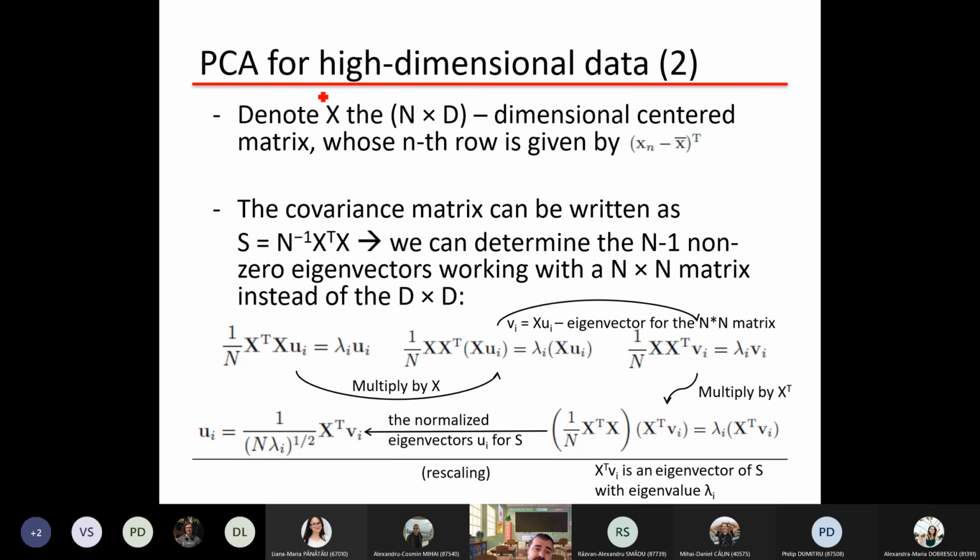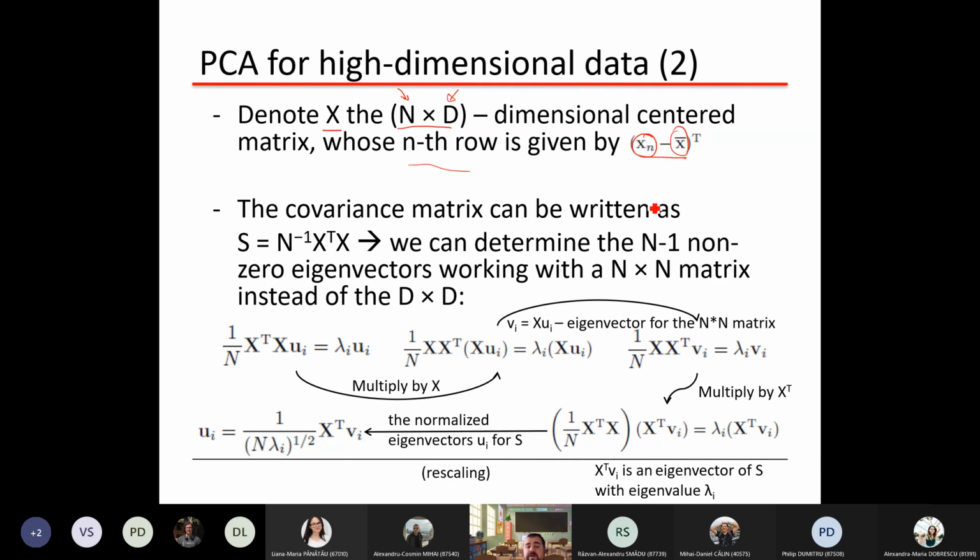First, we denote by x the matrix that is n by d, so the number of samples multiplied by the dimension, that is centered. It's a centered matrix in the sense that the nth row will be given by the difference between the point and the mean of the data.